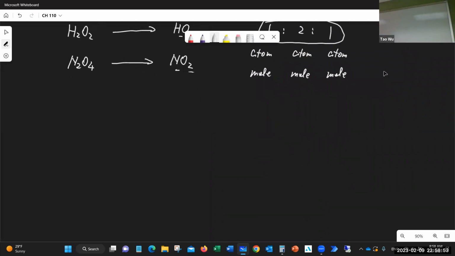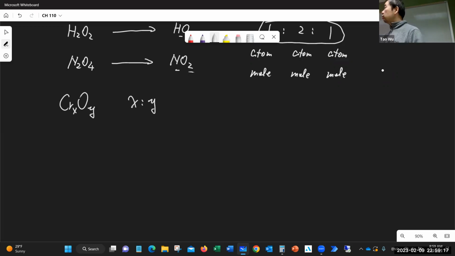So let's look at question number 2 on page 5. Now we have an oxide, chromium oxide, and we don't know the ratio between chromium and oxygen, so we don't know what X versus Y is.